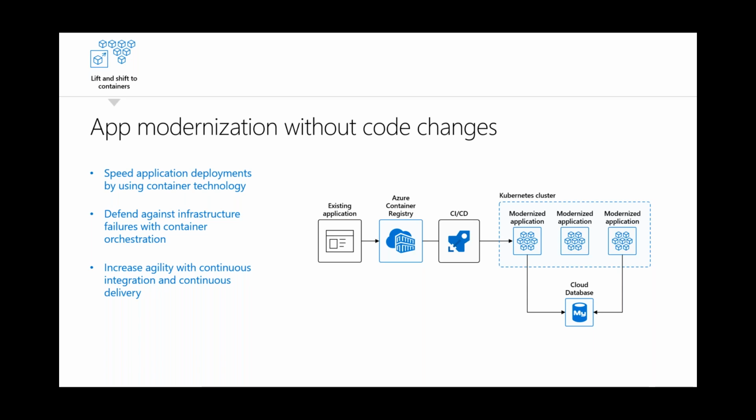So you'll see in that little diagram there, you can take your existing application and package it, move it to the Azure Container Registry, and then begin using CI/CD to configure that and push production changes and continue to modernize that application, whether that be by integrating other PaaS services to work with it, or just configuring the scale and optimization.